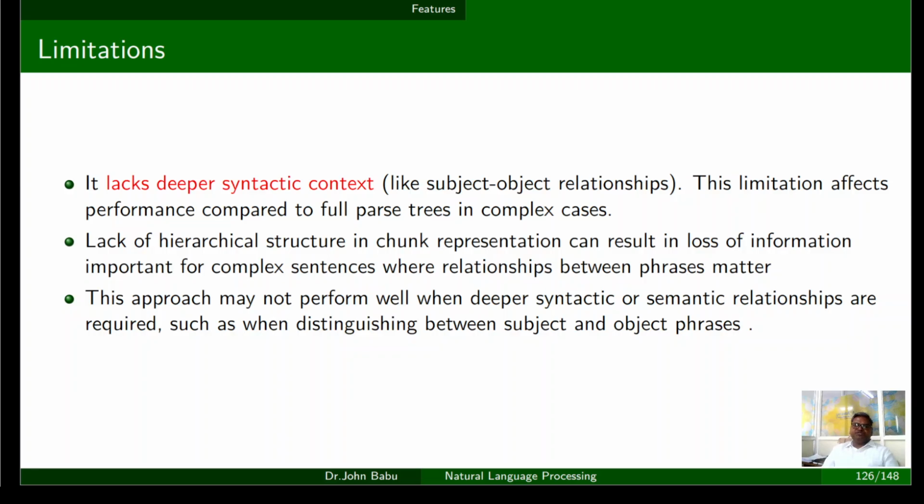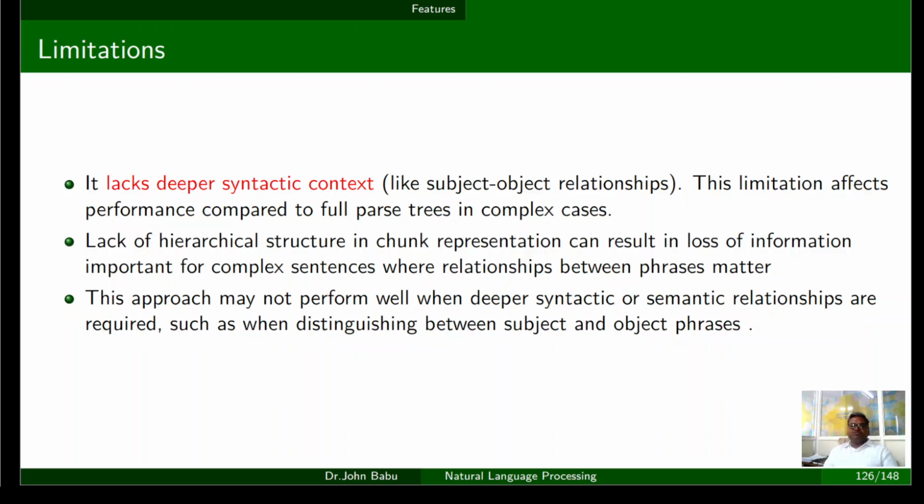But there are certain limitations. Because we are not capturing the syntactic relation, that will hamper the semantic role labeling compared to where the full syntactic tree is used. Obviously, when we use the full tree, the performance will be higher. But here we are taking a trade-off. Instead of using the full tree, we are using chunks.